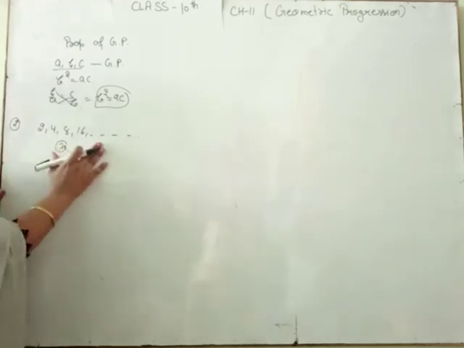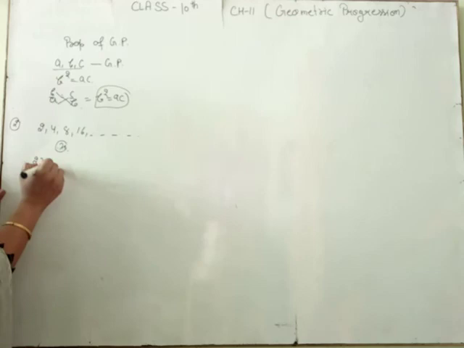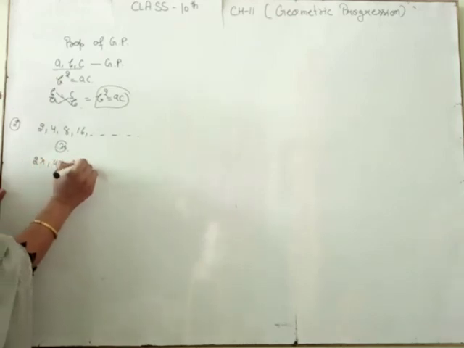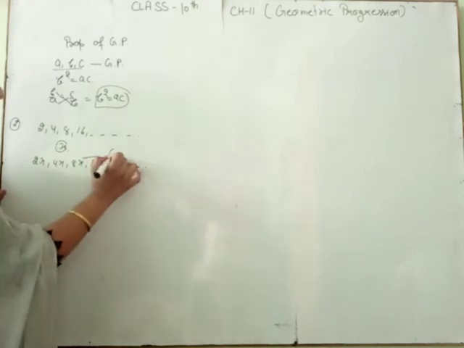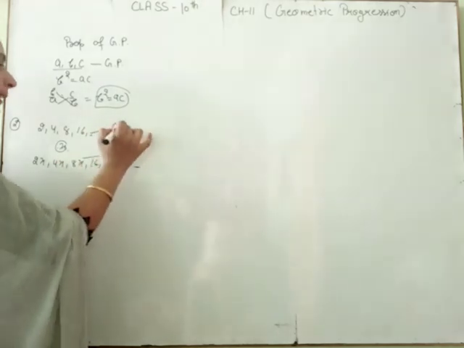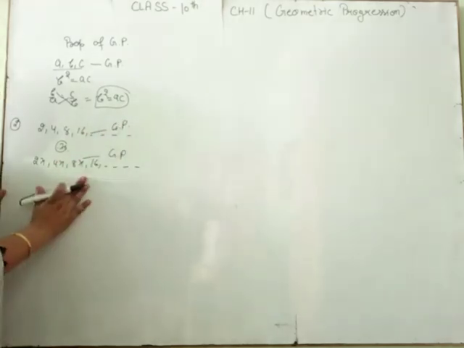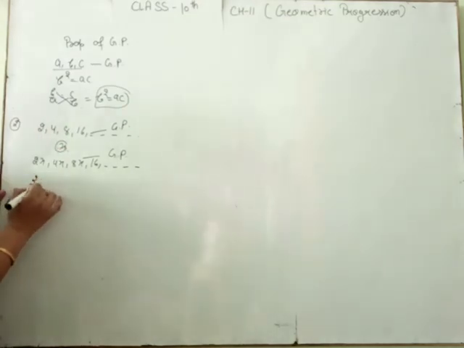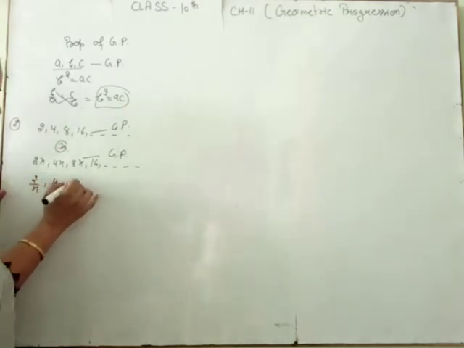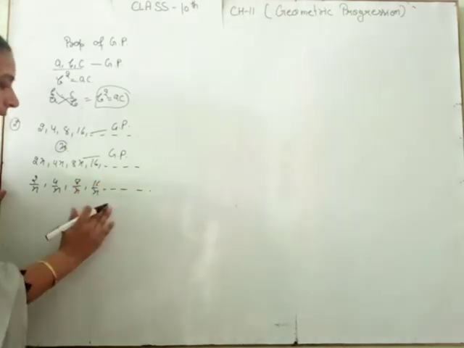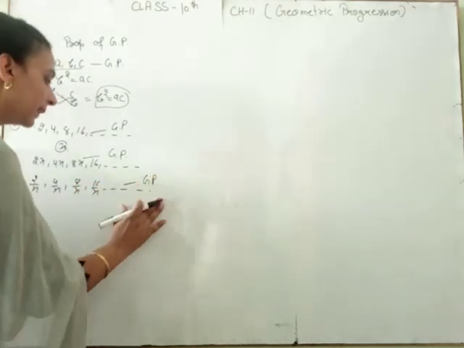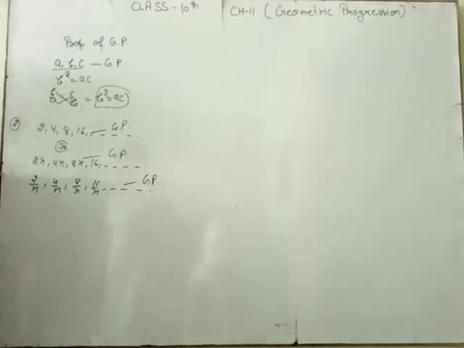If you multiply all terms by x, we get 2x, 4x, 8x, 16x and so on, and this is also a GP. Similarly, if we divide all terms by the same number x, the resulting sequence is also a GP.